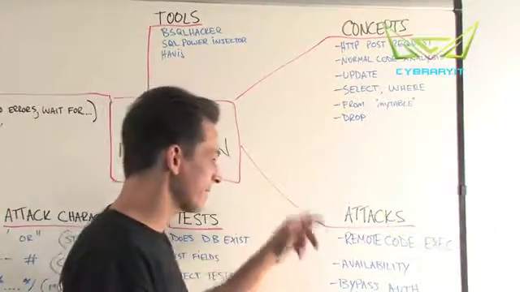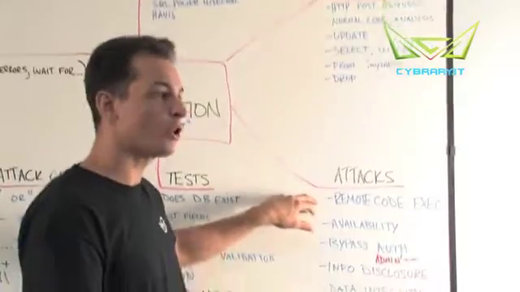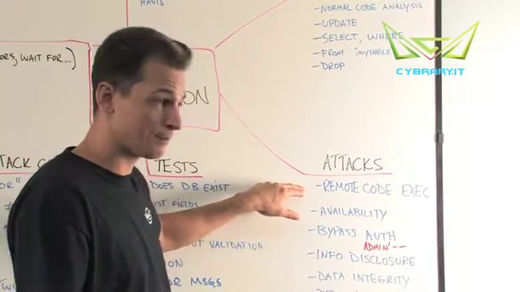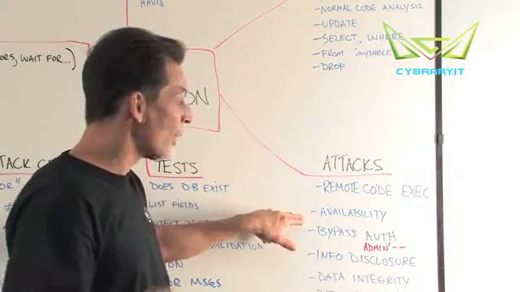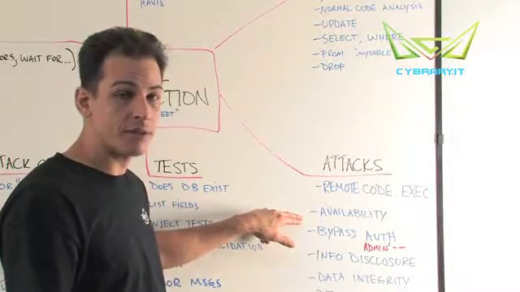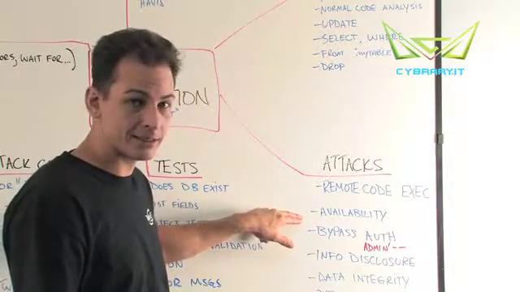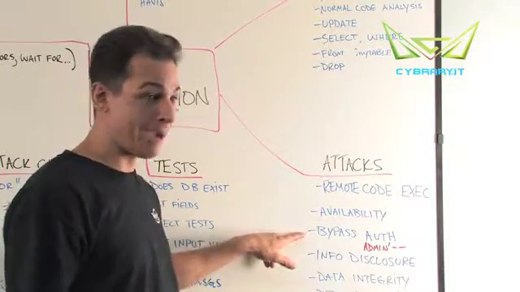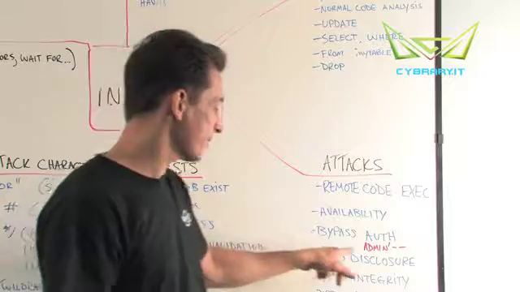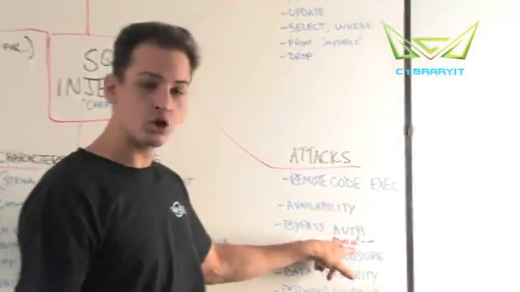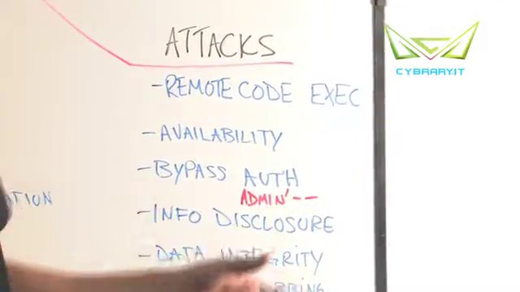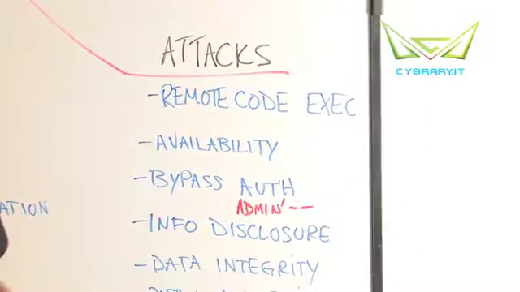Let's talk about some of the attacks. Ultimately, what you can do if you get really skilled at SQL injection is remote code execution. That's good. Also, you can knock the database offline so nobody else can access it. That's an attack on availability. You can use tricks like bypassing authentication, maybe send the admin credentials followed by a single tick and --, which is a comment, and then comment out the requirement for the password.